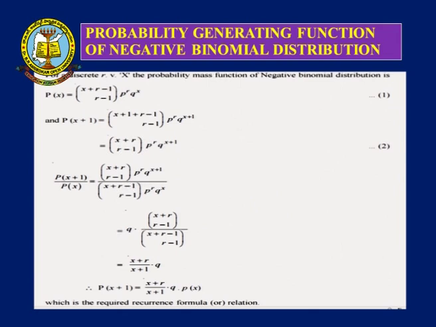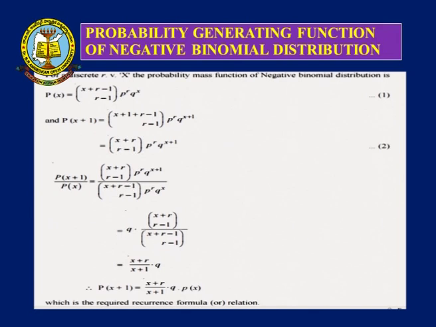For a discrete random variable x, the probability mass function of the negative binomial distribution is P of x equal to x plus r minus 1 C r minus 1, P to the power of r into q to the power of x. And if I put x equal to x plus 1, P of x becomes P of x plus 1.